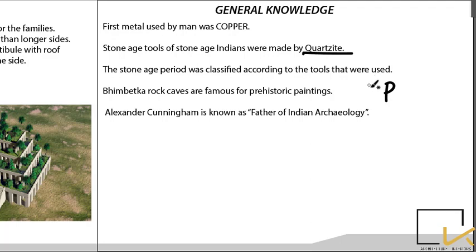And the last point is Alexander Cunningham is known as the father of Indian archaeology. He is a British excavator, I think. Archaeological sites were excavated, and the term archaeology was brought to India by Alexander Cunningham during British rule.